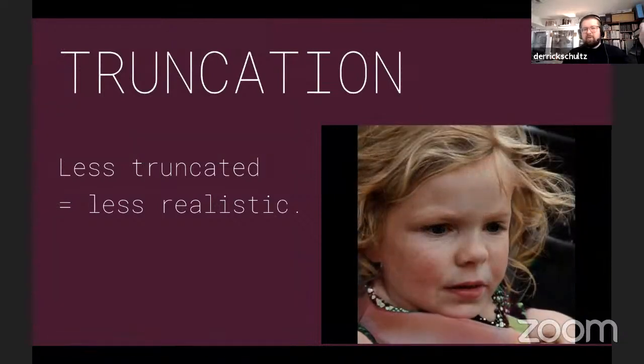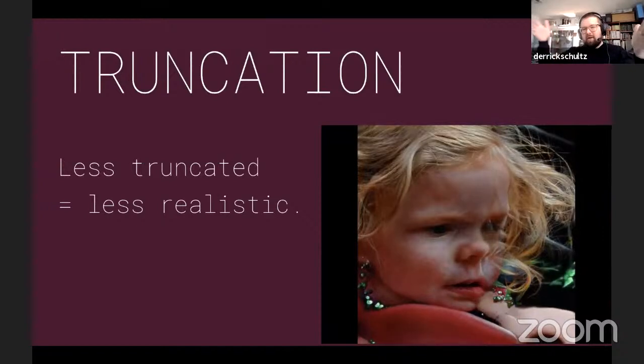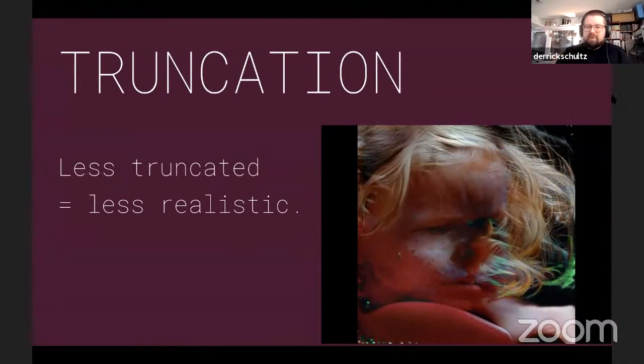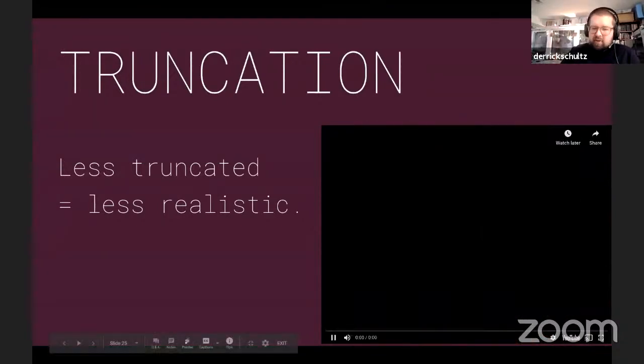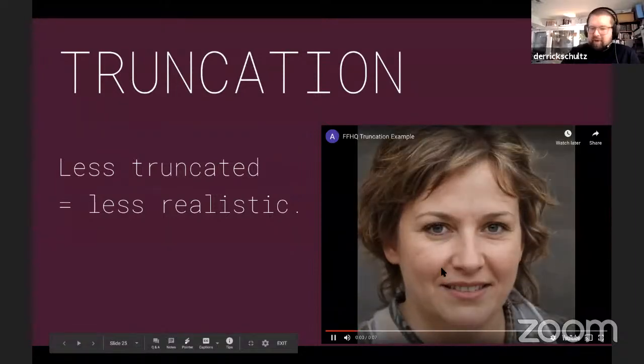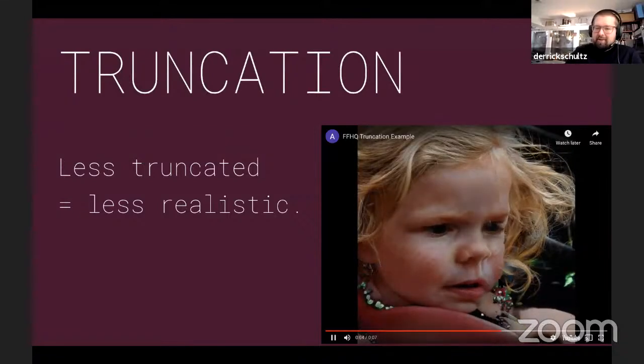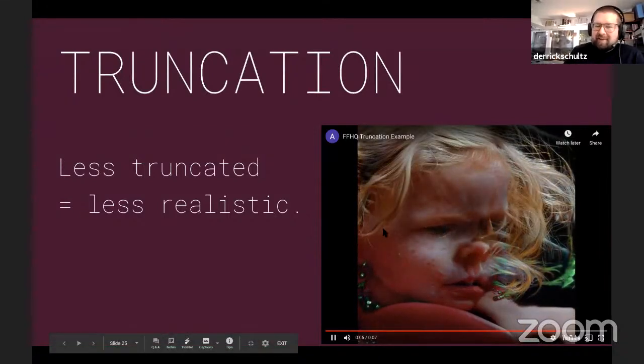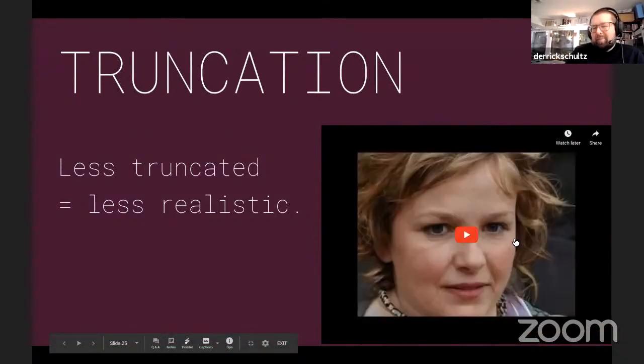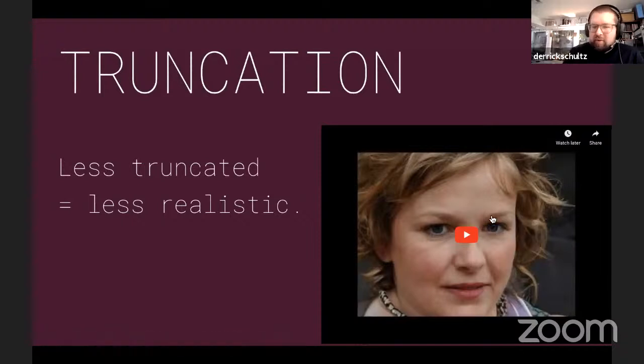It starts, I believe, at 0. The truncation value is 0, and it goes up to 2. You'll see when it's at 0, it's a fairly normal looking image, and the further it gets away from that truncation value, the weirder it gets. So just be aware that you can technically go as high as you want, but anything past 2, you're going to get some really, really weird results.